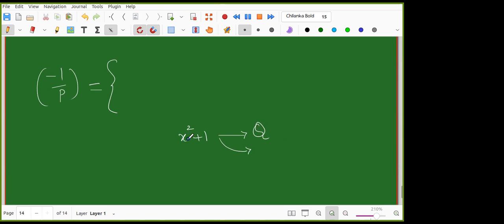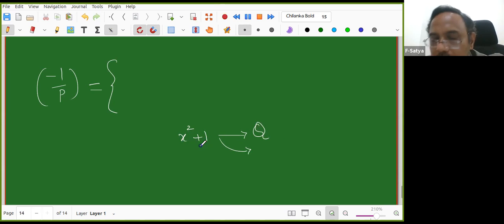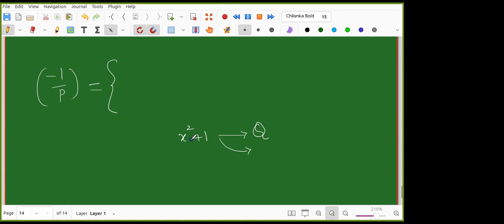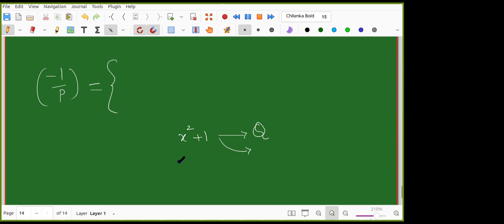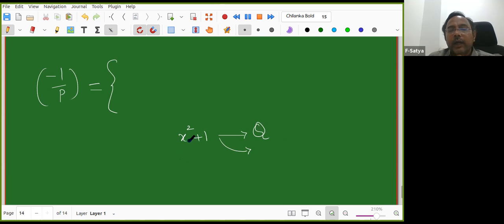I am looking for a rational which satisfies this equation, meaning this polynomial equals 0.